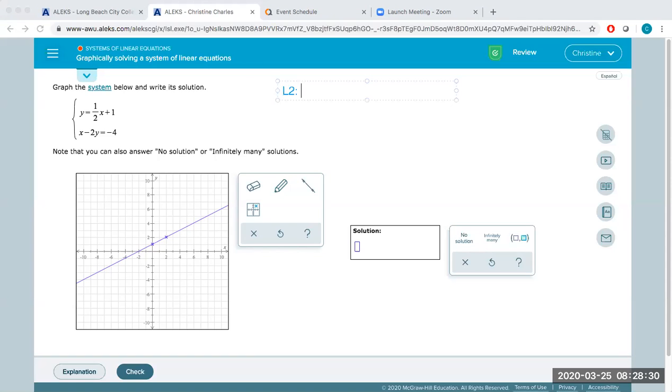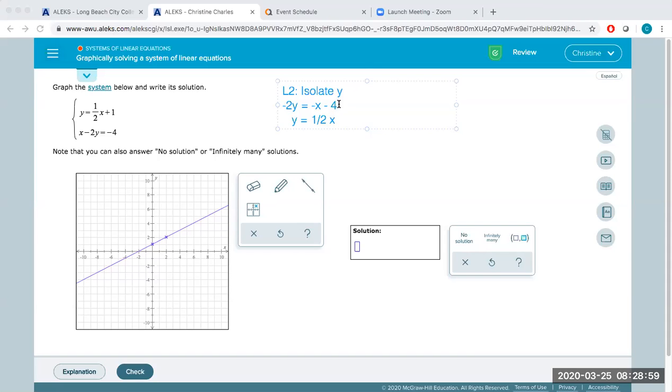Now for this one, I'll write it in. Line 2, isolate y. We start by subtracting x from both sides. Negative 2y equals negative x minus 4. And then divide both sides by negative 2. y equals, we have a negative 1 here, so dividing that by a negative 2 gives us 1/2 times x.